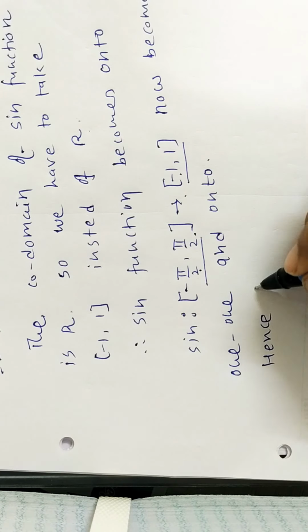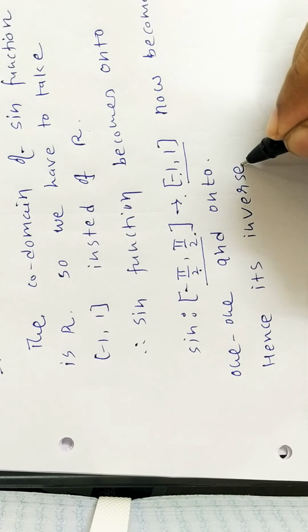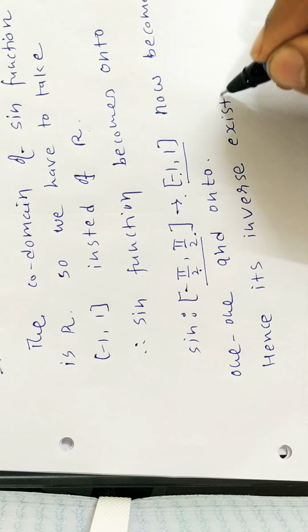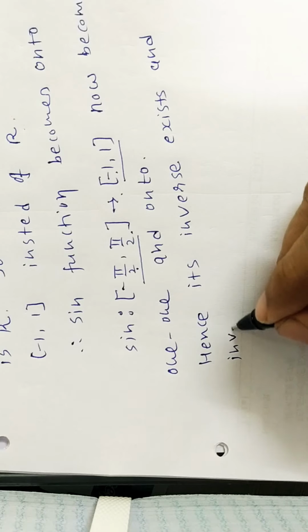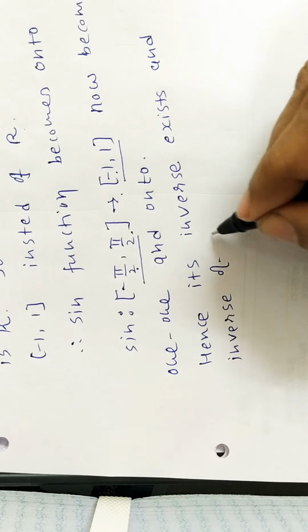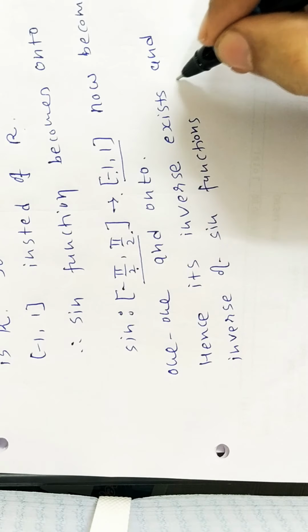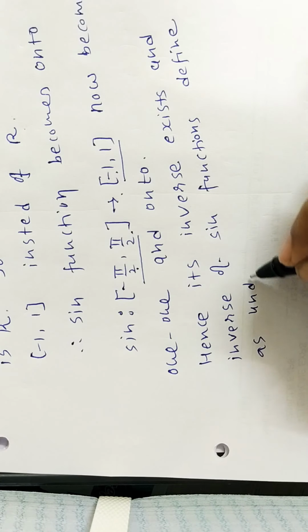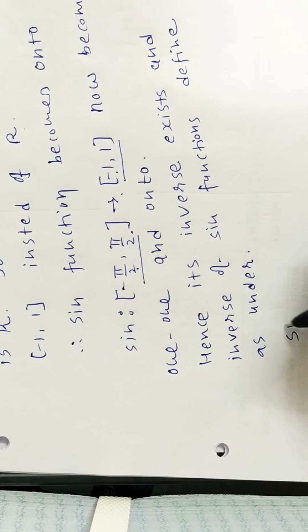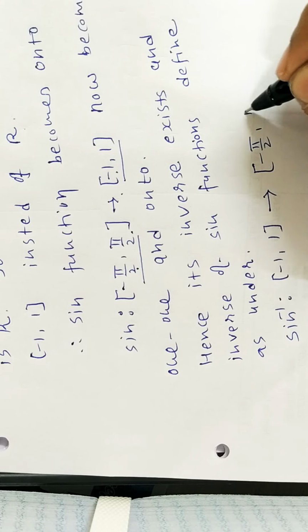Hence, its inverse exists, and the inverse of the sine function is defined as sine inverse from minus 1 to plus 1 to minus pi by 2 to plus pi by 2.